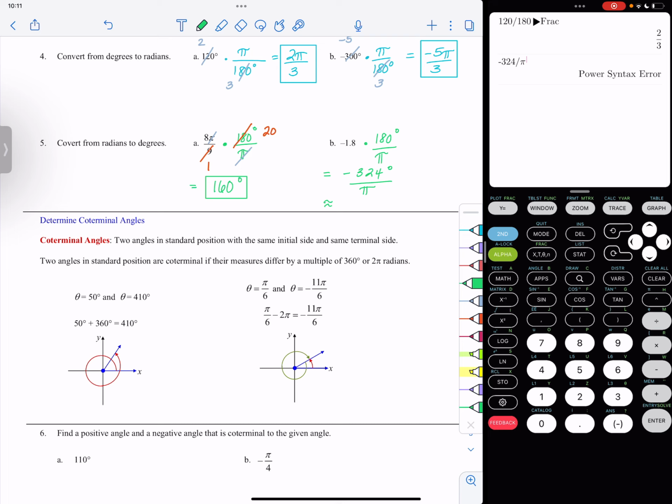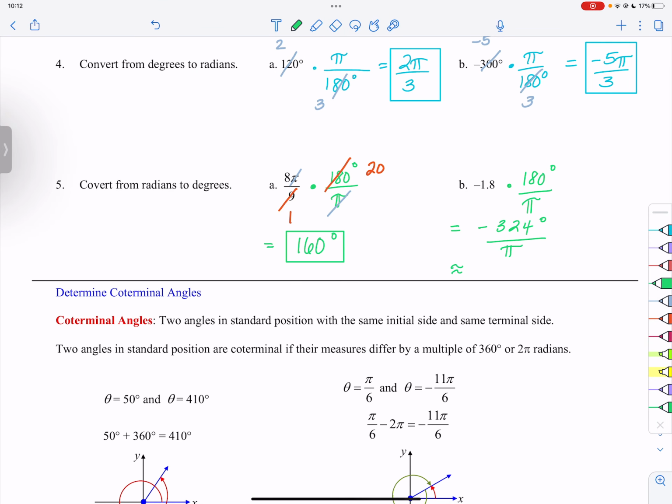Let me try that. The opposite of 324 divided by pi, and we'd get a negative 103.132. Let's just go to 2 decimal places. So that was negative 103.13 degrees.